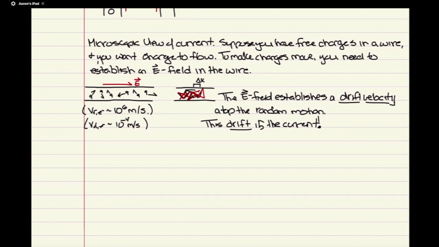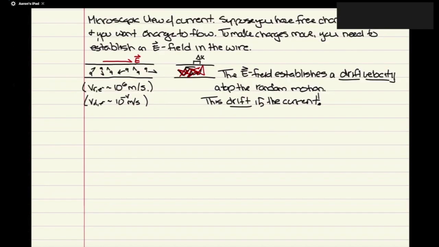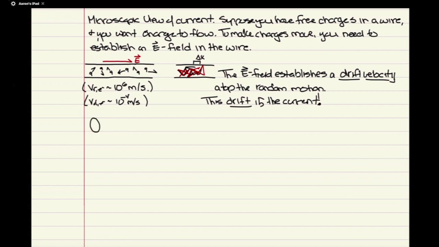Okay. So let's try to be a little bit more quantitative. How does current relate to this drift velocity? Okay, so let's draw a cylindrical tube, and suppose it is filled with some charge carrier, which again I'll take as positive.